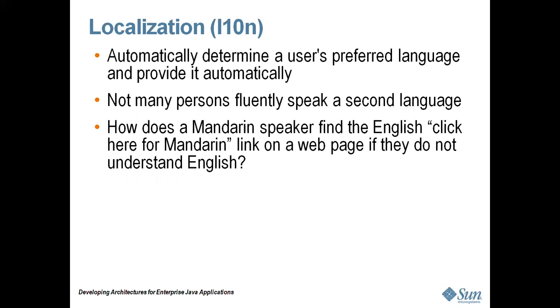From the request, the server basically knows which country it is coming from, and if it knows the country, it can easily provide the language. It is a good user experience.